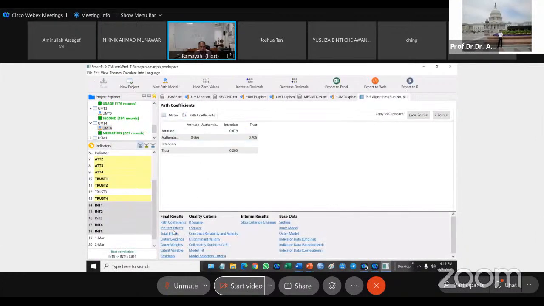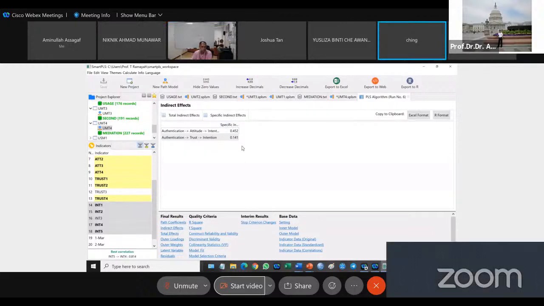So if you go to indirect effect, can you see only one? Yes. Total indirect effect, one, right? If you go to specific indirect effect, you ada berapa? 2. So in the total one, they combine these together, but when you go to specific, they divide them.